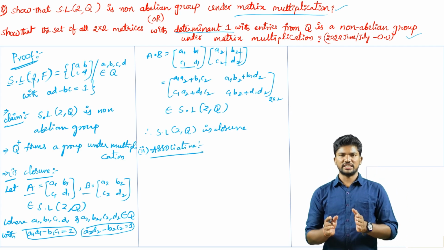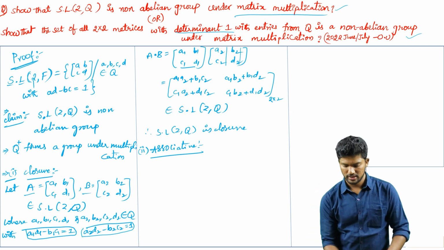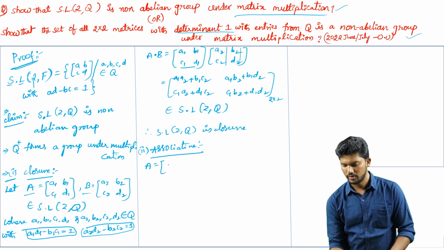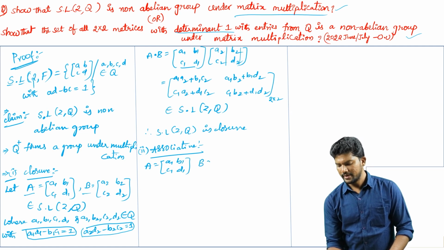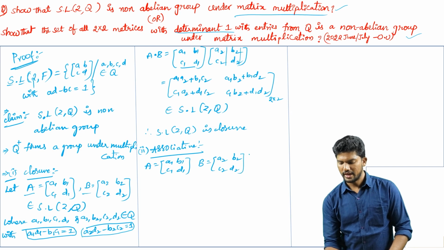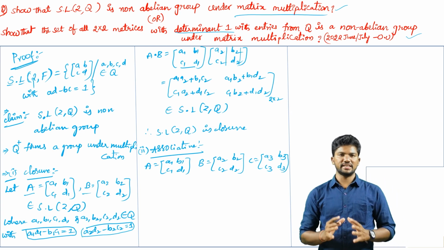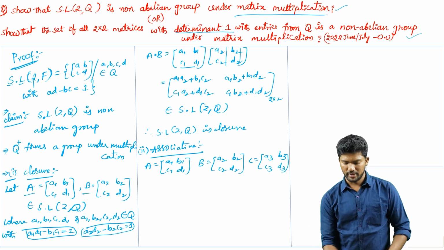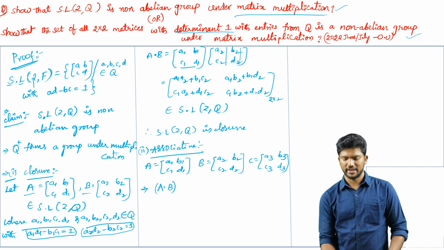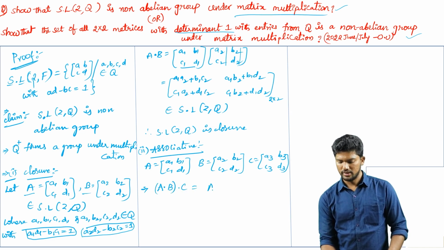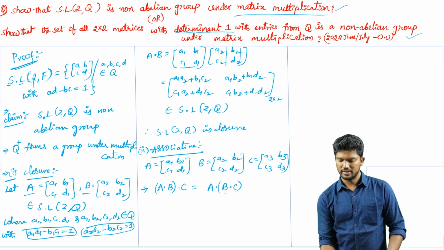In this associative condition, we have to take three matrices. The first matrix is capital A, A1 B1 C1 D1, and capital B is equal to A2 B2 C2 D2, and capital C is equal to A3 B3 C3 D3. By using these three matrices, directly I am writing the property: (A into B) into C is equal to A into (B into C).